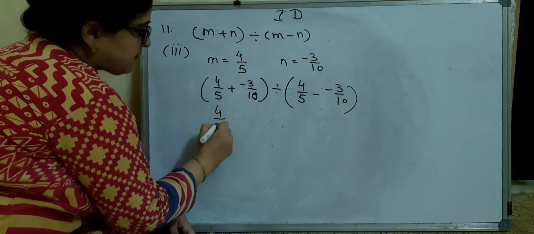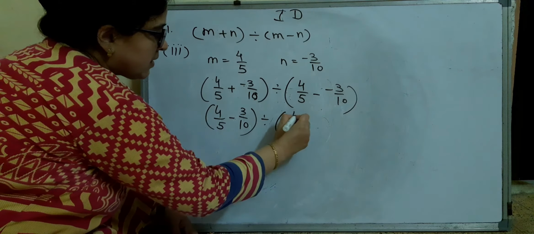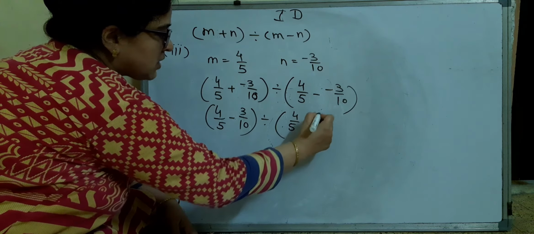So this becomes 4/5 minus minus, plus 3/10.